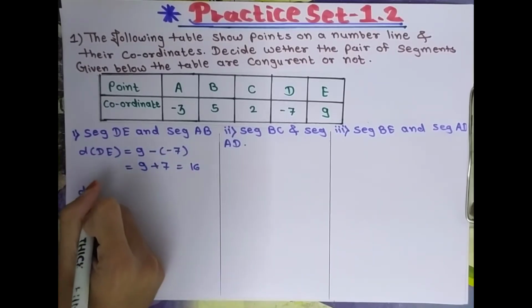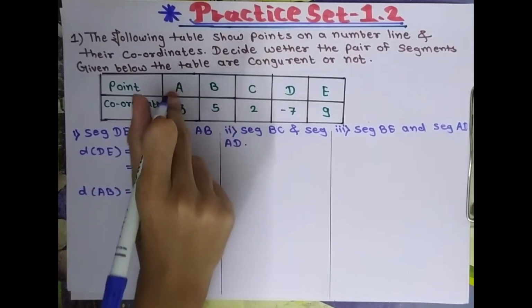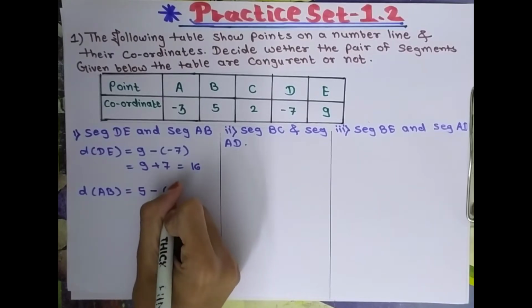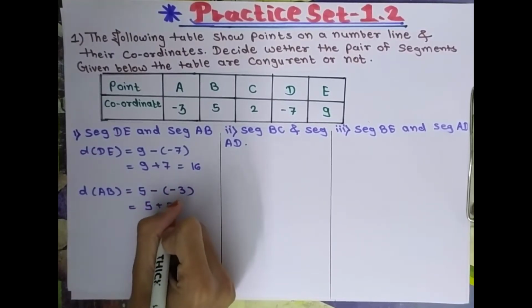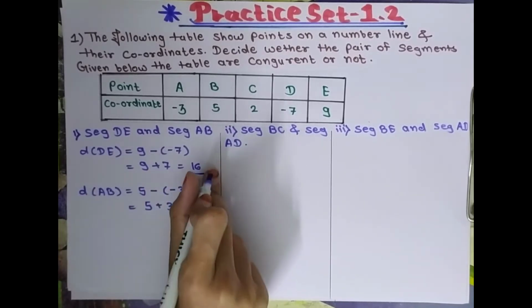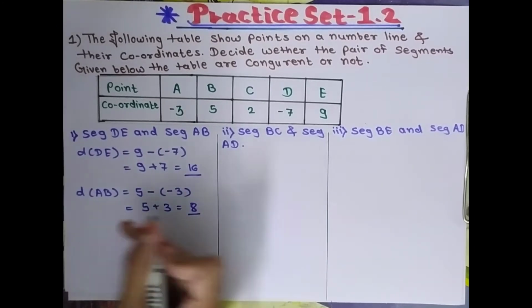Next is distance AB. A and B: here 5 minus -3 is equal to 5 plus 3, which is equal to 8. Now look, distance DE is 16 and distance AB is 8. These two are not the same.